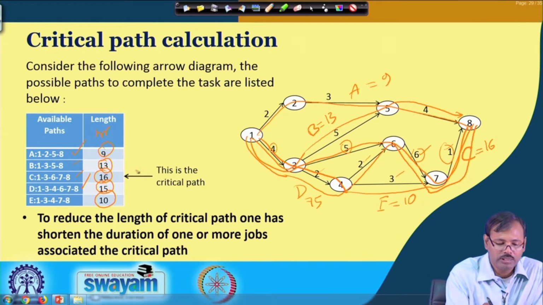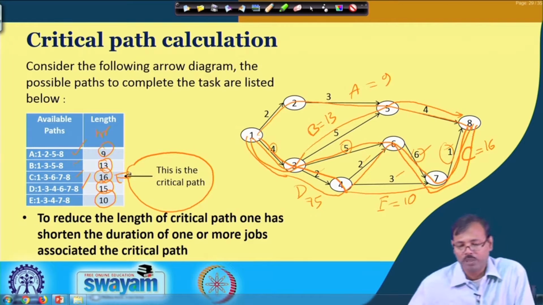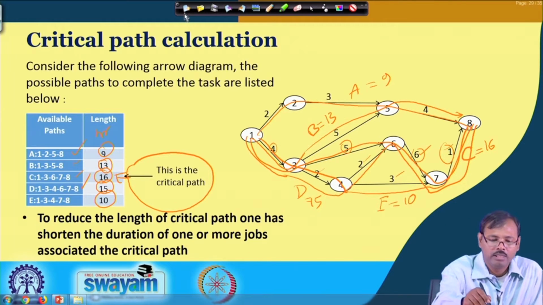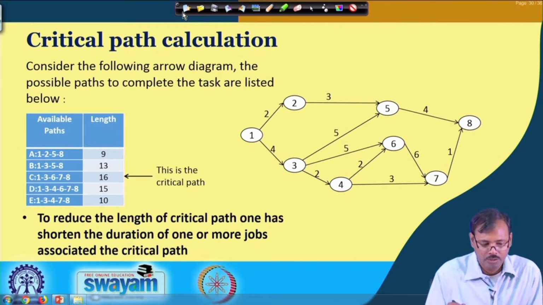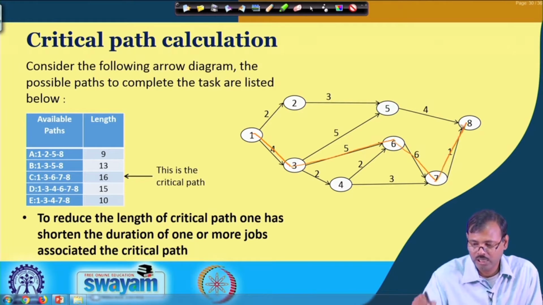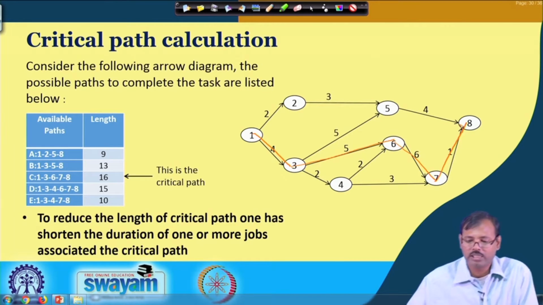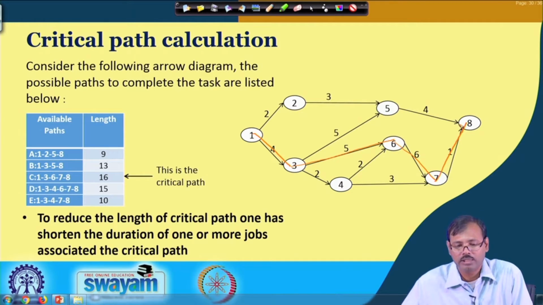That means the critical path is the C path, and this gives us that C path, which is 1 3 6 7 8. This path is the critical path, and this requires the earnest attention of the management for its possible completion on time.